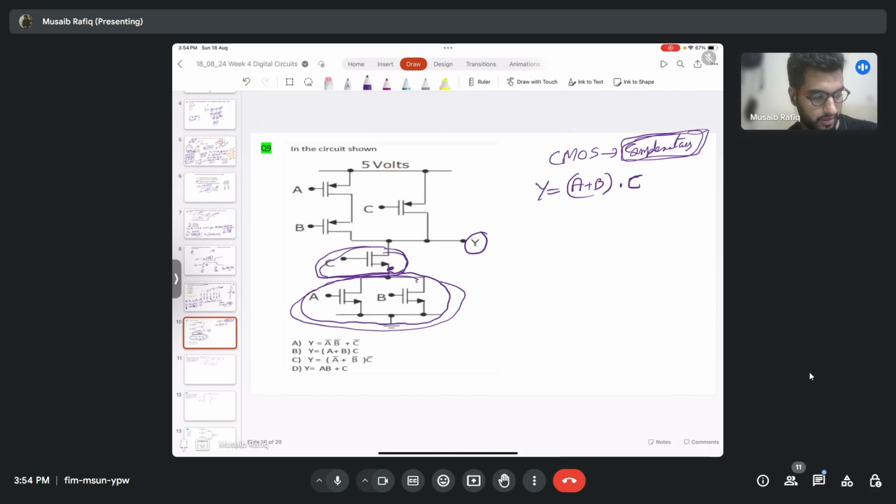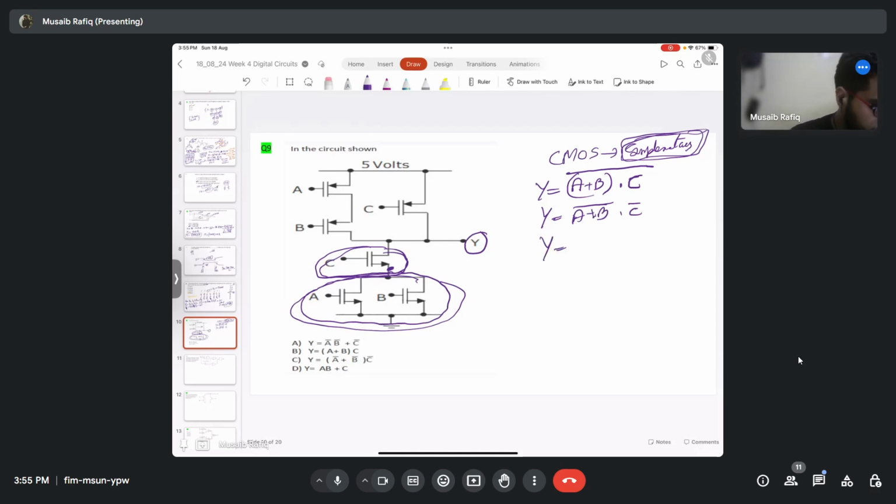But remember, the whole thing will be complemented, right? So Y equals (A plus B) dot C, whole complement. Using De Morgan's law, it becomes (A plus B) complement plus C complement.